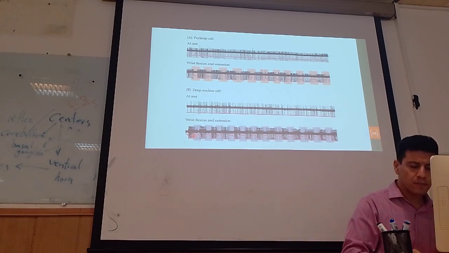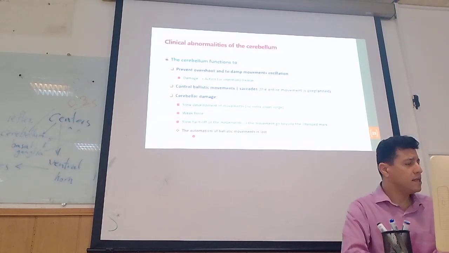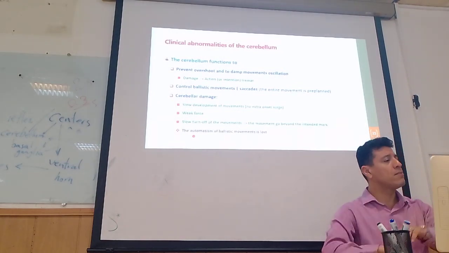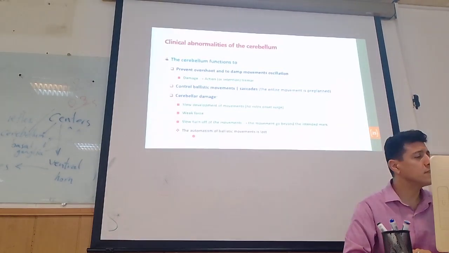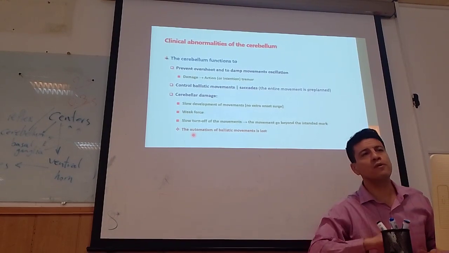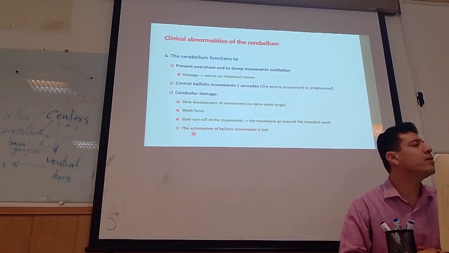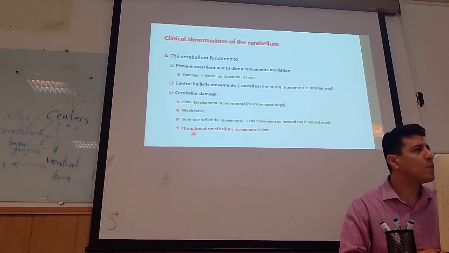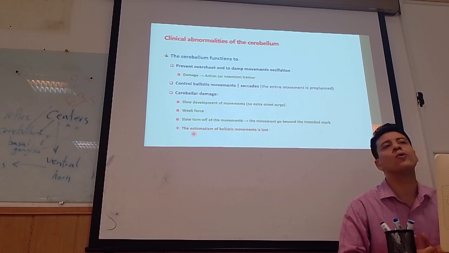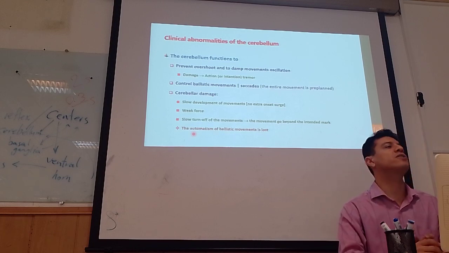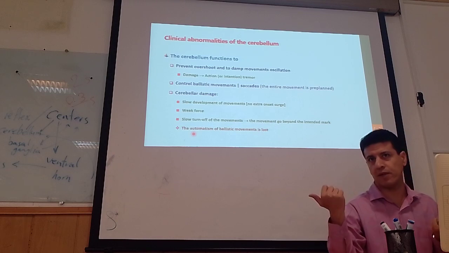Okay? So let's see some of the clinical problems of the cerebellum. I told you before that if you remove the cerebellum, there will be no paralysis, no sensory loss, no problem with understanding the movement. The only thing that happens is loss of coordination, especially for rapid movements.